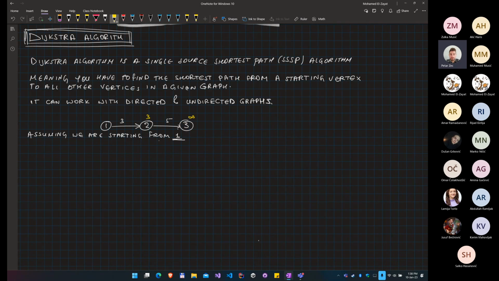The cost of this guy is going to be 3 plus 5, which equals 8. So 8 is less than infinity. So we're going to update that. We're going to erase this and put here 8. We simply update the actual weight. This update, which we have done, is called relaxation. This is what we call the vertex relaxation.